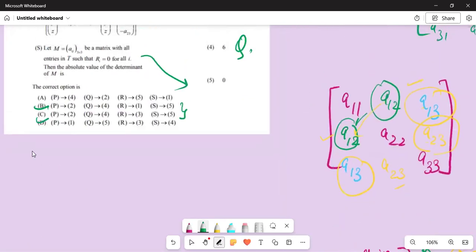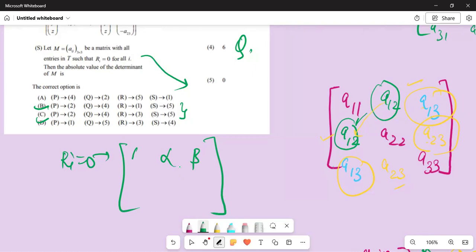S is saying that M is a matrix with all the entries in T, such that Ri equals 0. So that means you have to keep 1, alpha and beta, because the entries are coming from the set T and the sum of the rows should be 0.